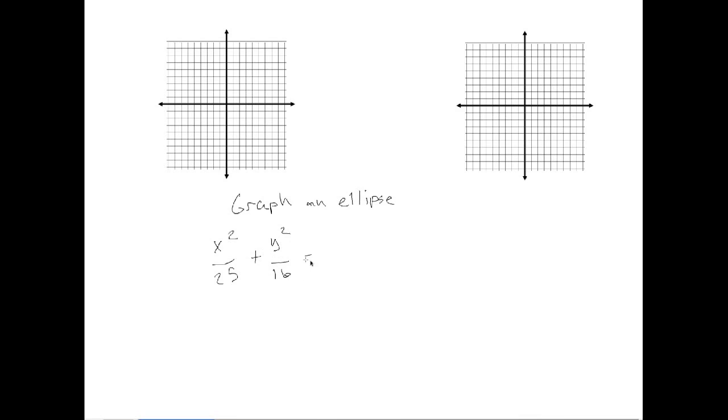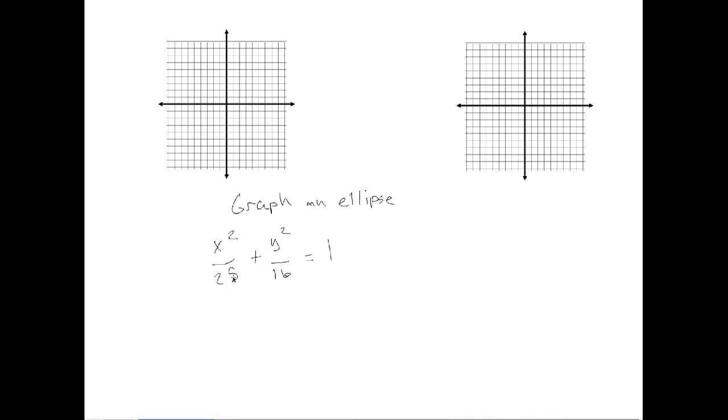over 16 equals 1. Okay, now, two types of ellipses. We can have the horizontal or we can have the vertical. Quick way to check and see immediately which type you have is look at which number under which of these is bigger. Okay, 25 is obviously bigger than 16.